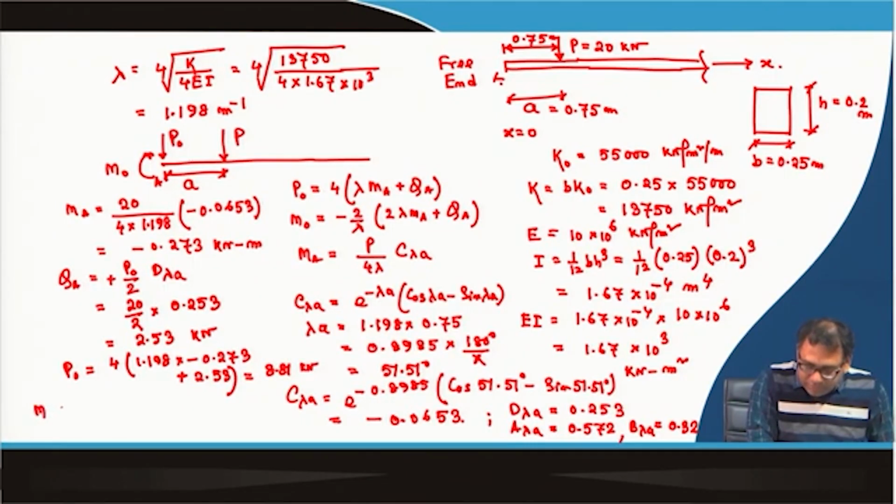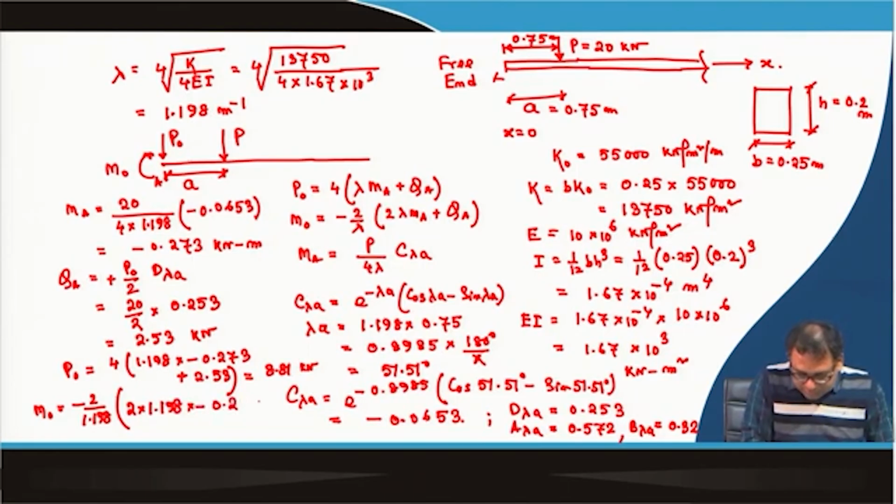Similarly, M0 is minus 2 by lambda, lambda is 1.198, then 2 into lambda 1.198 into MA minus 0.273, then QA is plus 2.53.